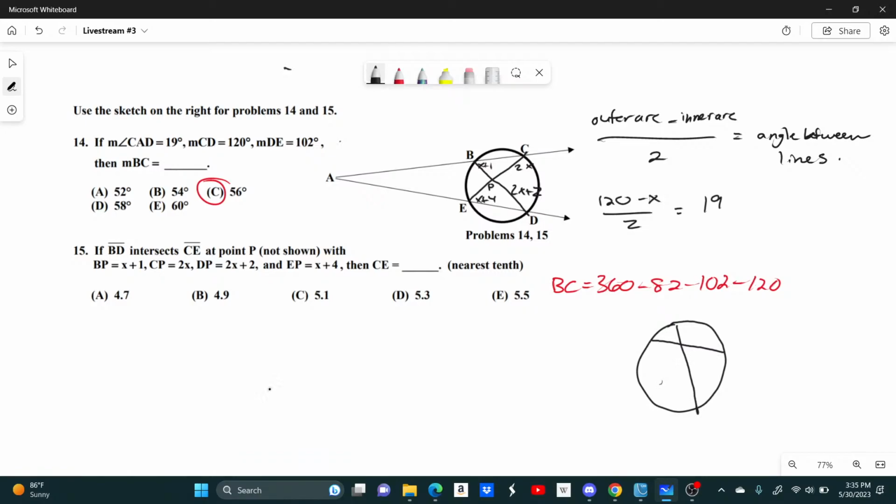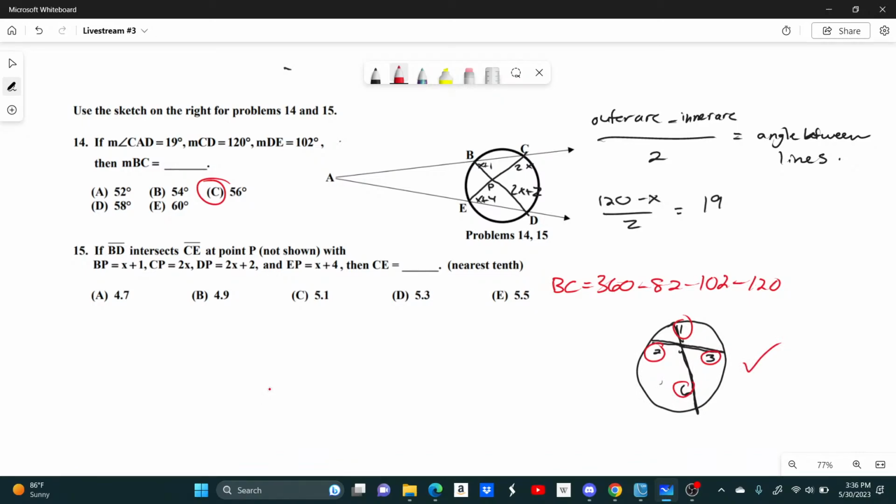Let's say this segment is 3, this part is 2, this one is 1, and this one is 6. And we know this is true because the ones opposite each other multiply to be the same thing. So 2 times 3 is 6, and 1 times 6 is 6. And so this checks out with the power of a point theorem.